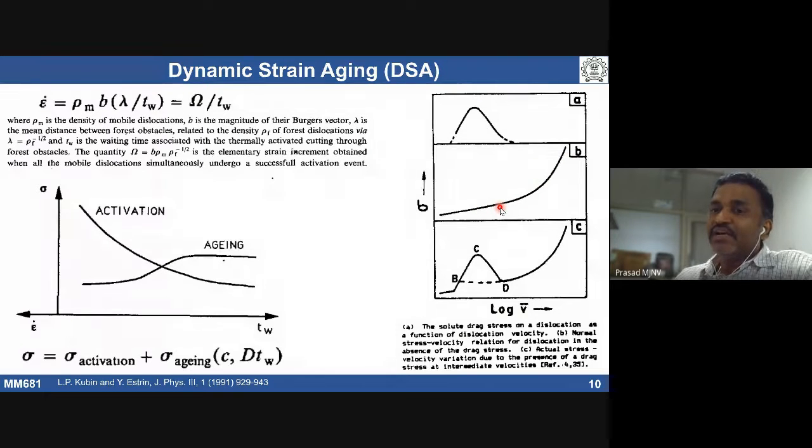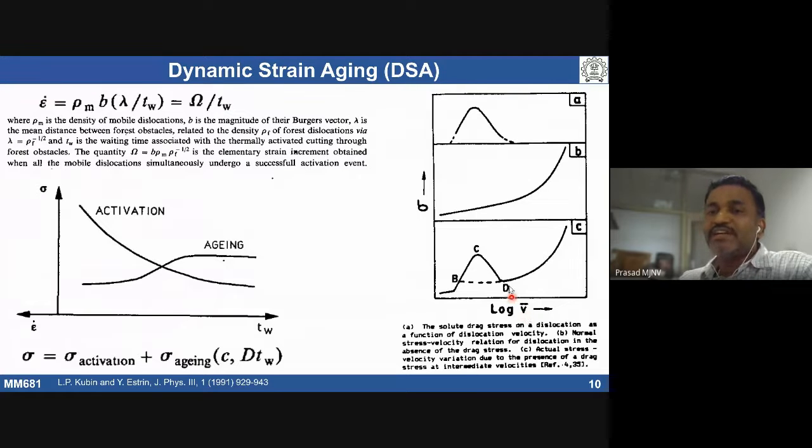But if there is a solute, we are going to see some drag effect. That means we are trying to stop, or control, the dislocation velocity. In that case, the stress is going to rise in a particular strain rate window. This velocity can depend on strain rate and temperature also, but we are talking only about strain rate, for example.